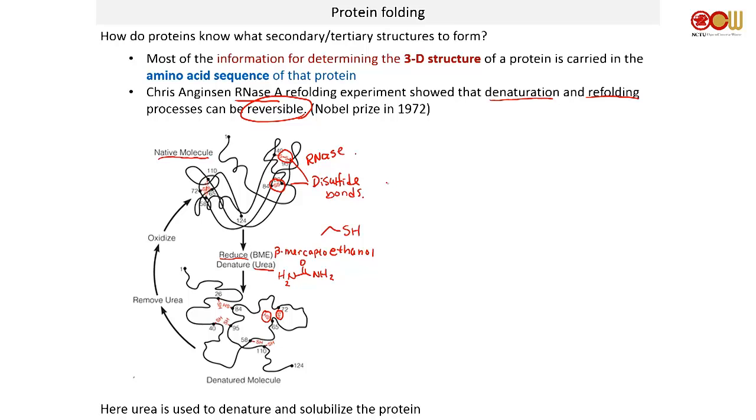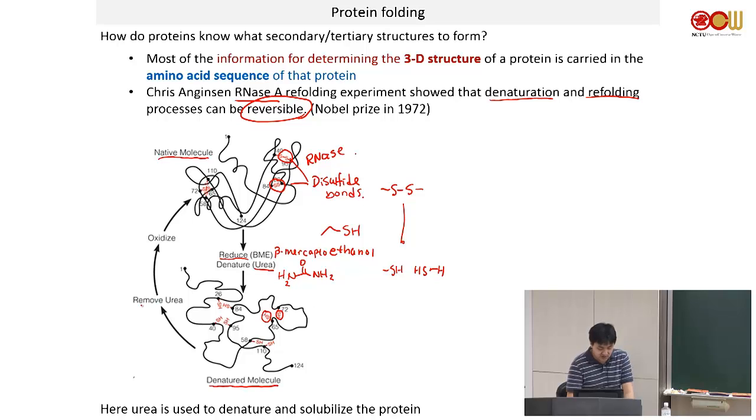So we separate disulfide into SH, right? That's what we're going to do. And then urea disrupts the hydrogen bonding of water, so then your protein can be exposed, and then it becomes soluble even if it's denatured. Okay, so this is the denatured molecule.